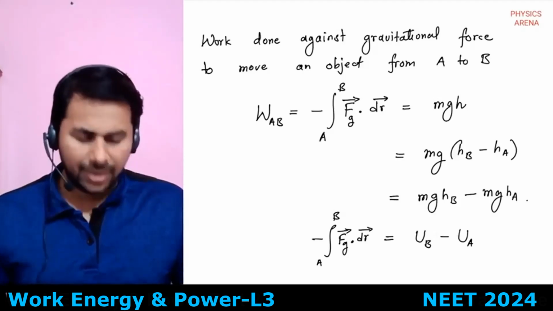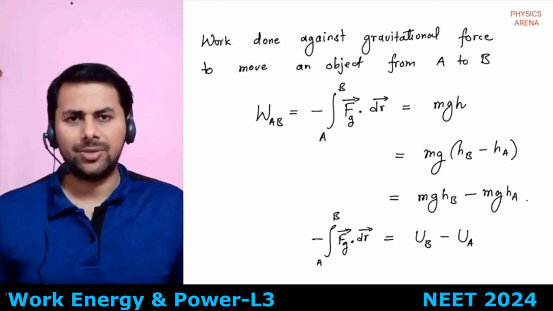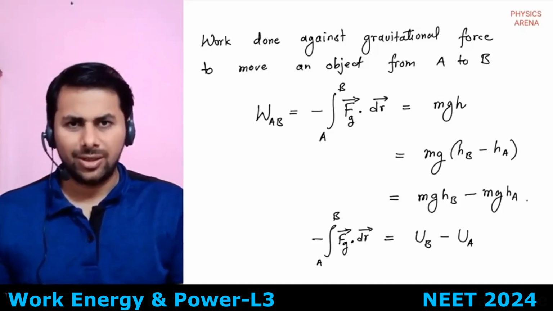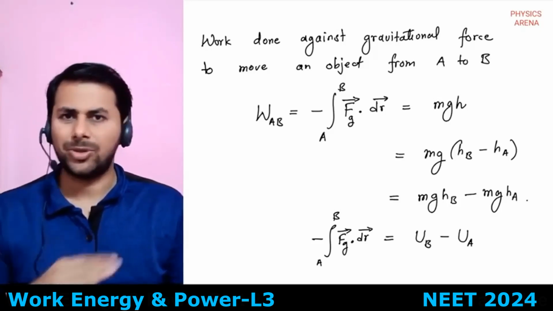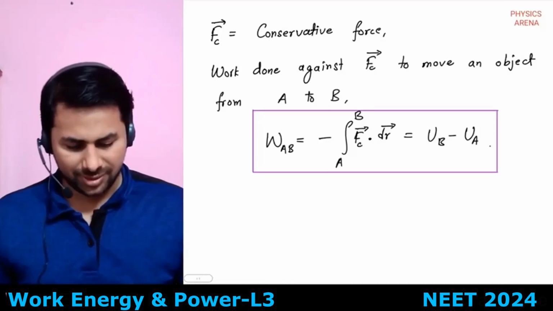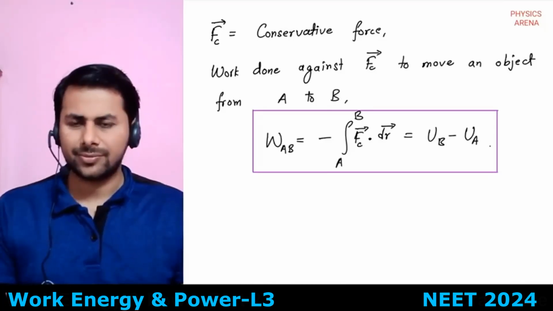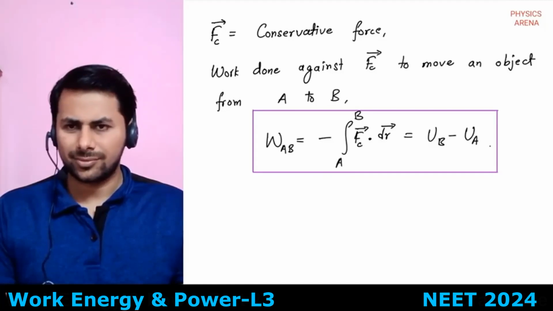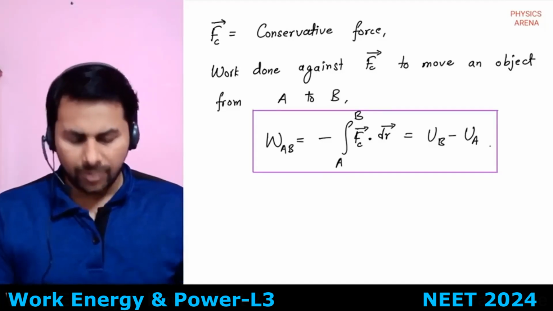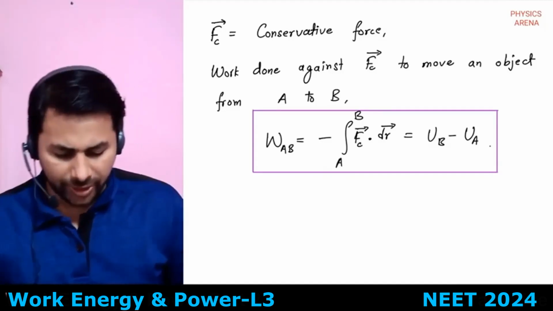So we can only define potential energy if there is a conservative force. If the force is not conservative, there is no potential energy. Did you get this? If there is any doubt, you can ask me at any point.